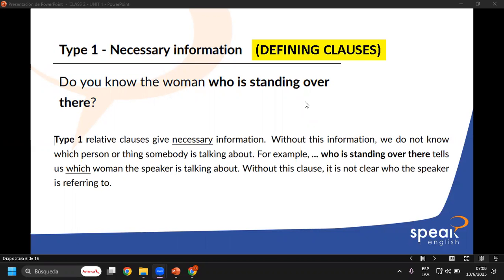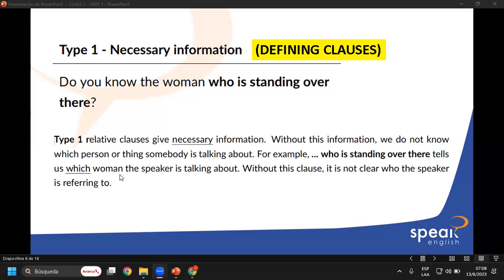No, it's clear. Okay. So just remember, defining clauses, we cannot omit the information. The information is totally necessary to know the person or the thing that somebody is talking about.